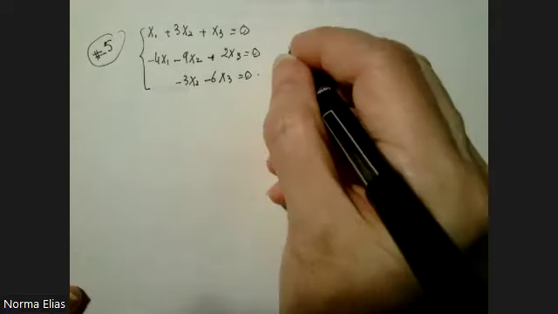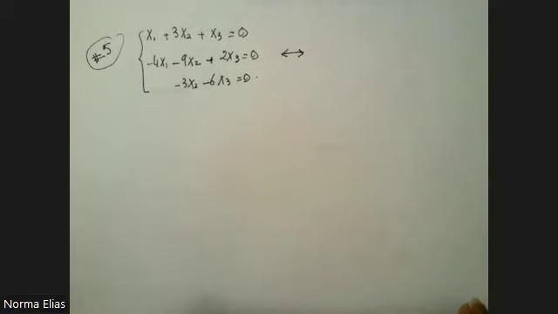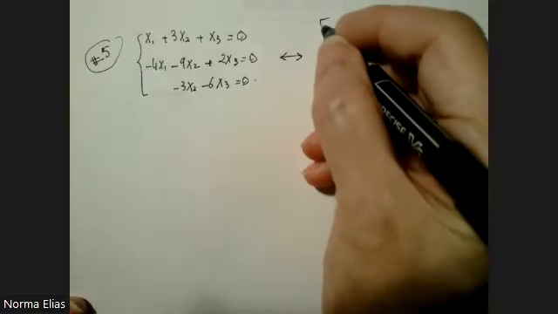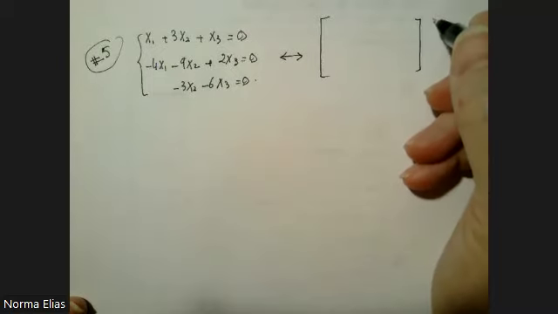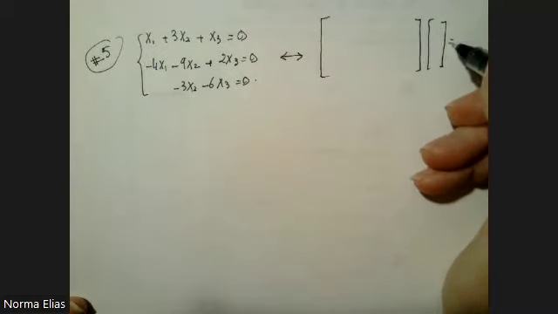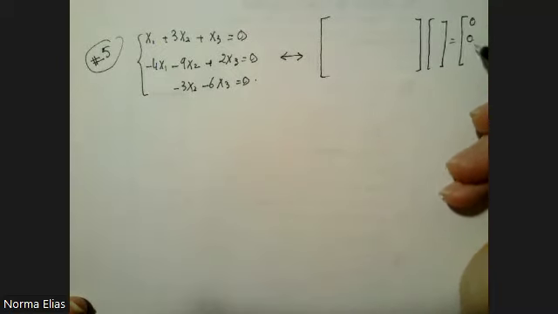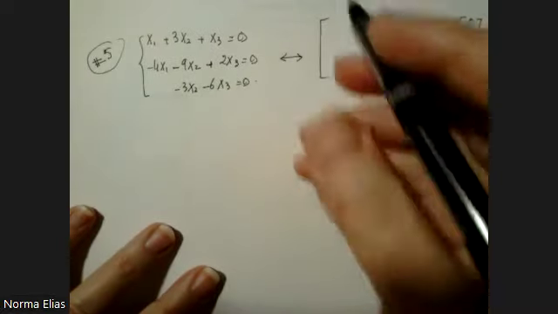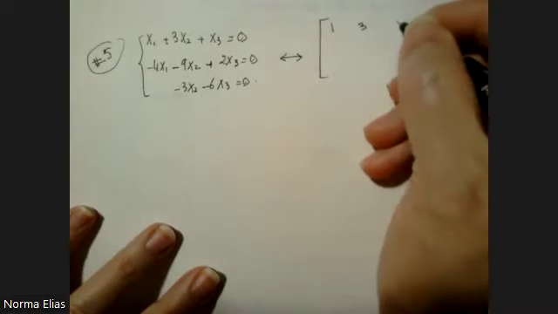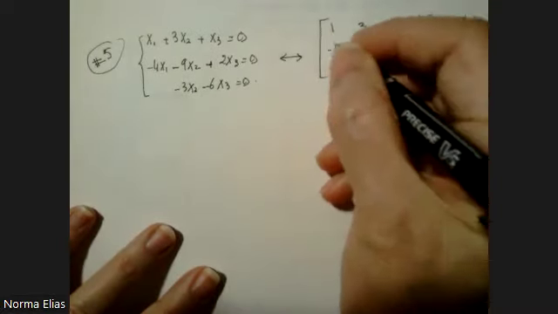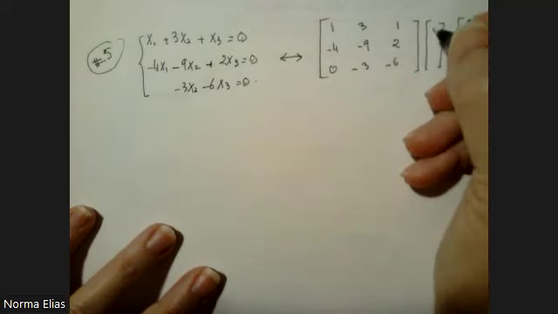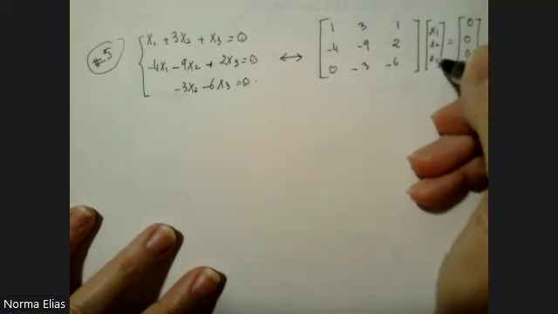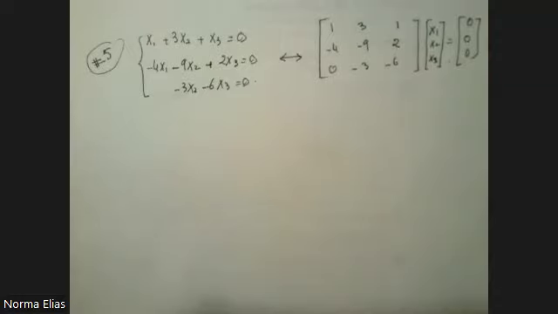The question is to solve the system and write the solution in parametric vector form. Solving the system is the same thing as solving the following vector matrix equation, so that's 0, 0. I always rewrite it so you see the relationship. So that's the matrix 1, 3, 1, minus 4, minus 9, 2, 0, minus 3, minus 6, and that's the vector.